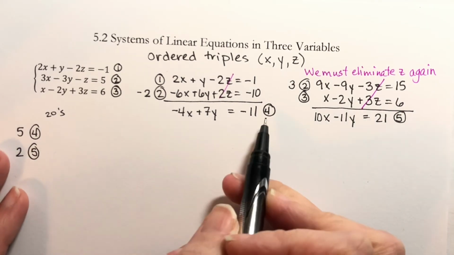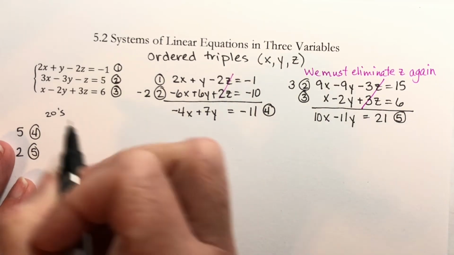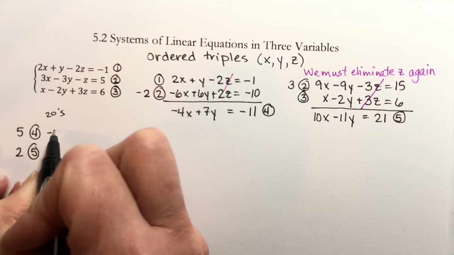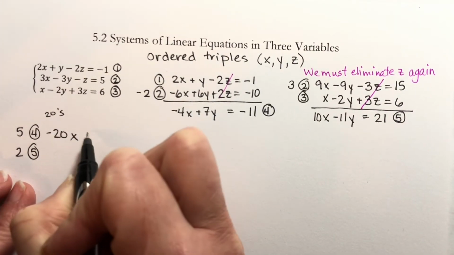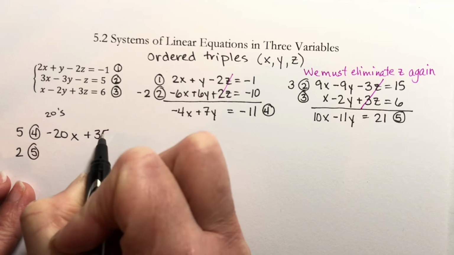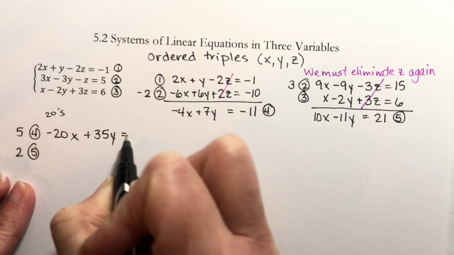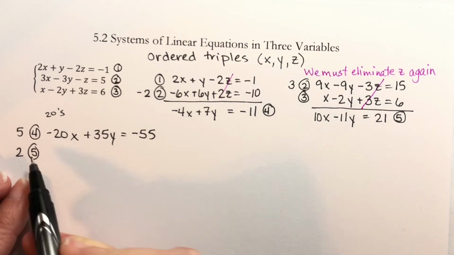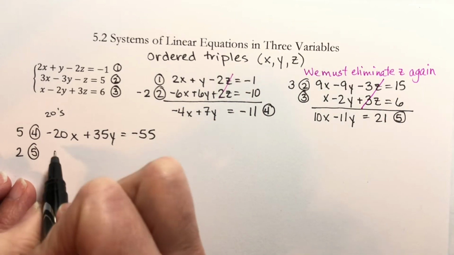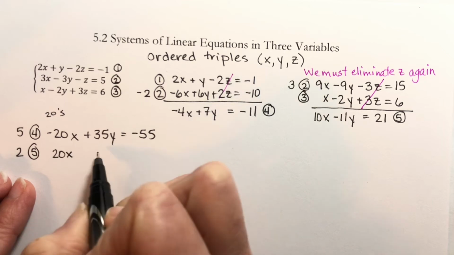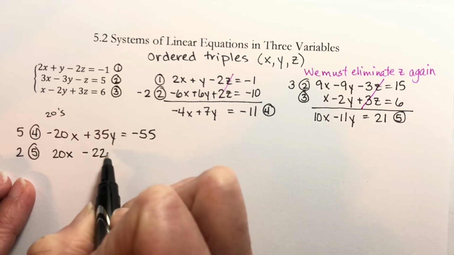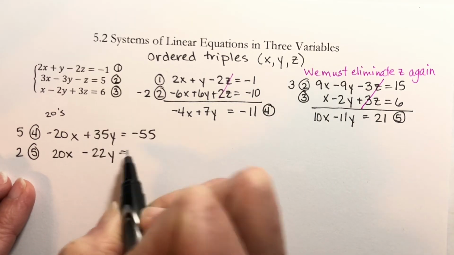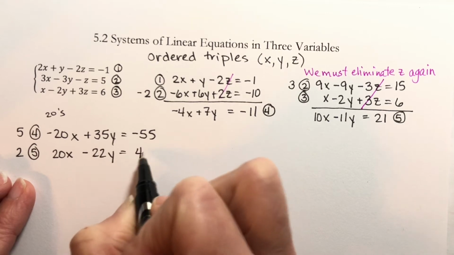Okay, so let's multiply through here. We get negative 20x plus 35y is equal to negative 55. Now multiply a 2 through here. 20x minus 22y is equal to 42.